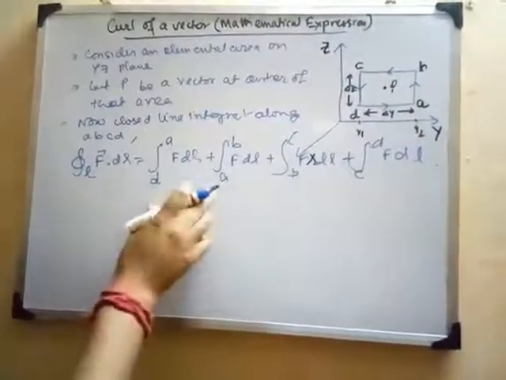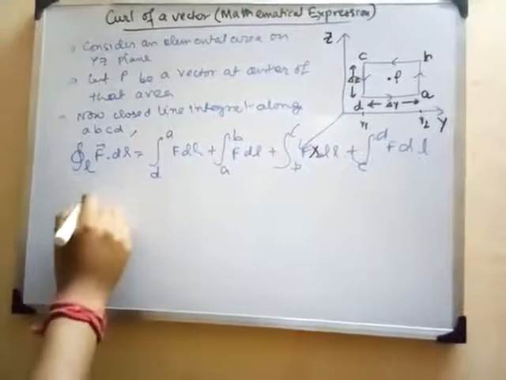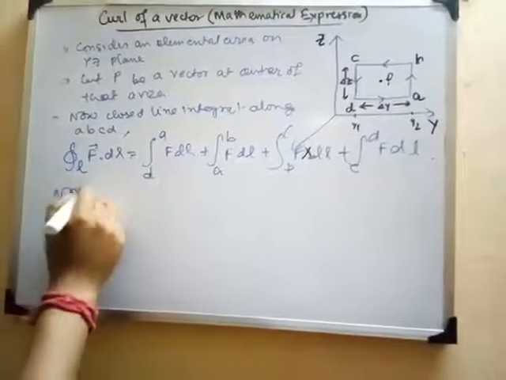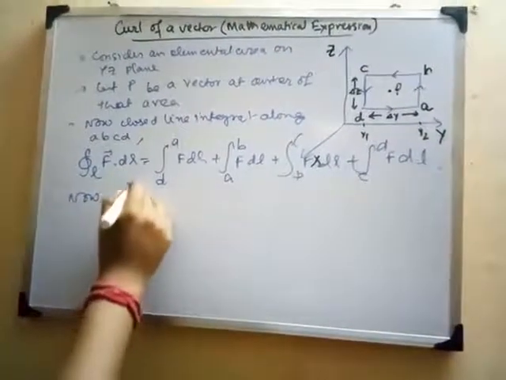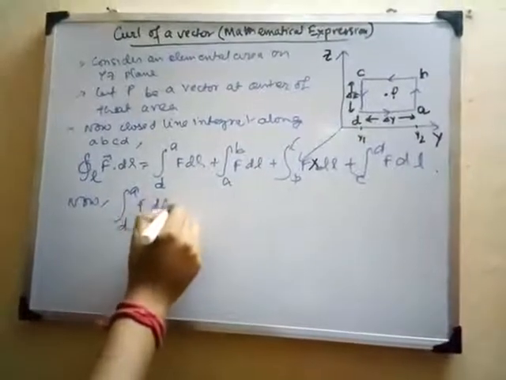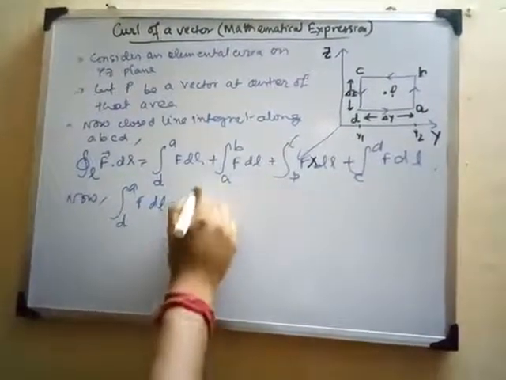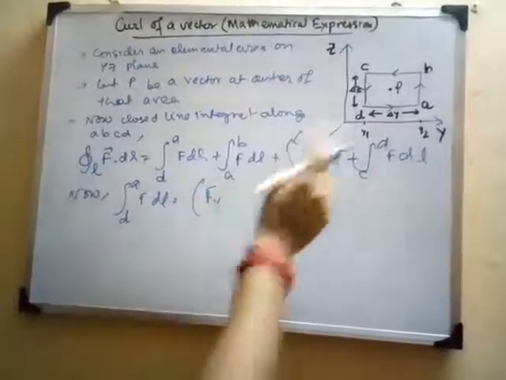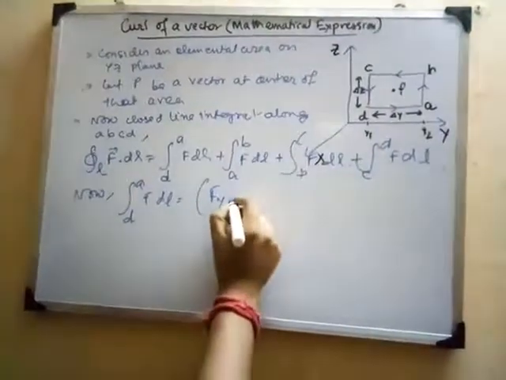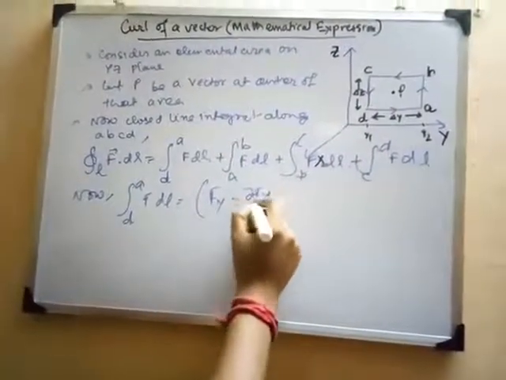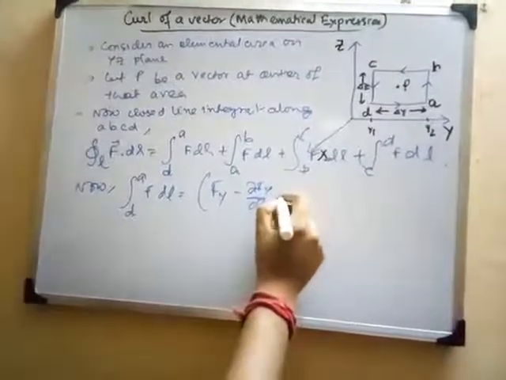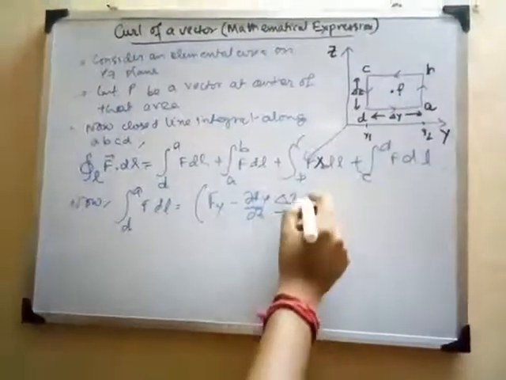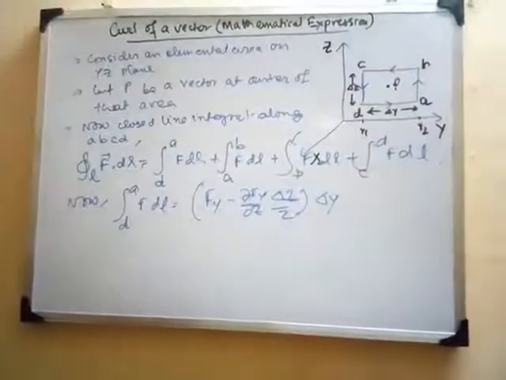So let us first discuss the integral from d to a of f dl. This is equal to the component of f in the y direction, fy, minus del fy by del z times del z by 2, del y. Now why is this so?